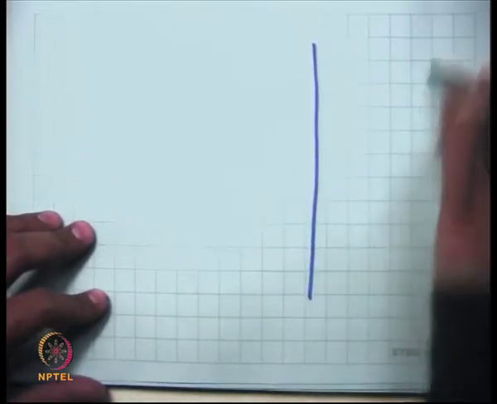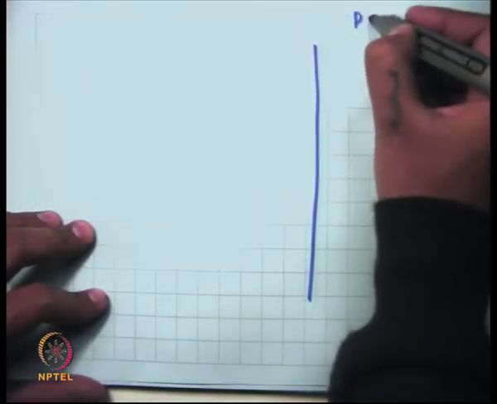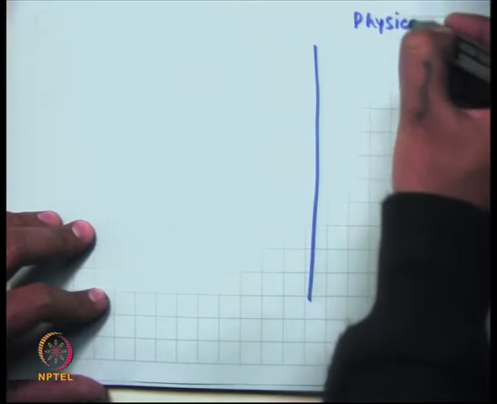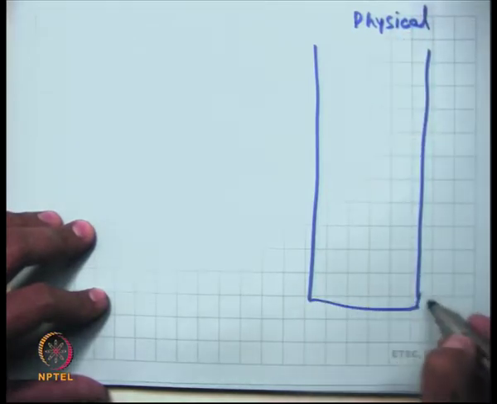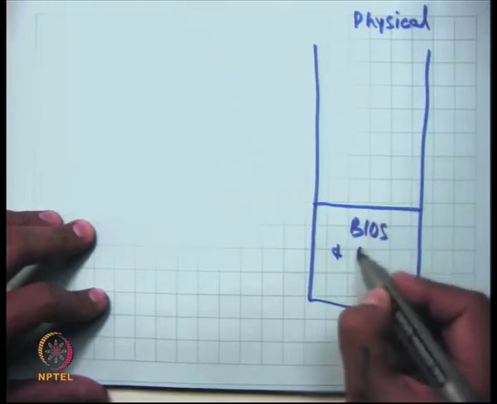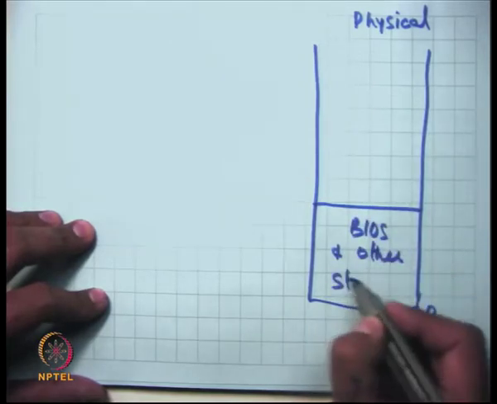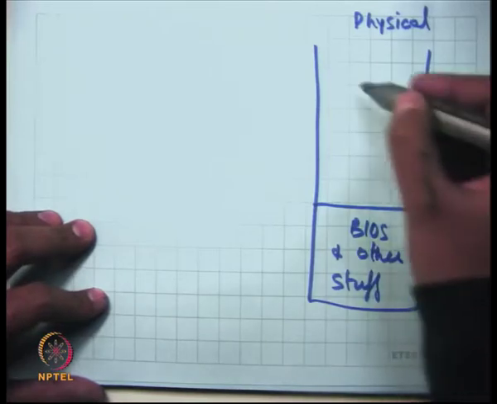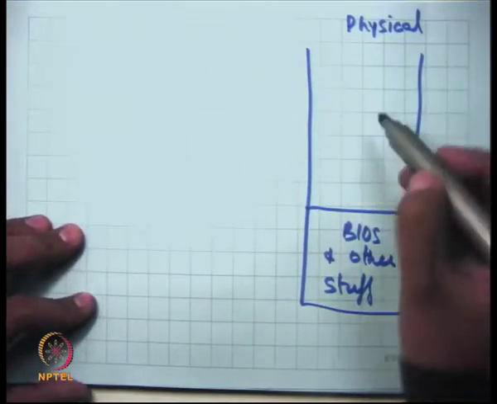For example, let us say this is the physical address space, and this is 0, this is BIOS and other stuff, but here is where the actual memory starts, which is usable memory.